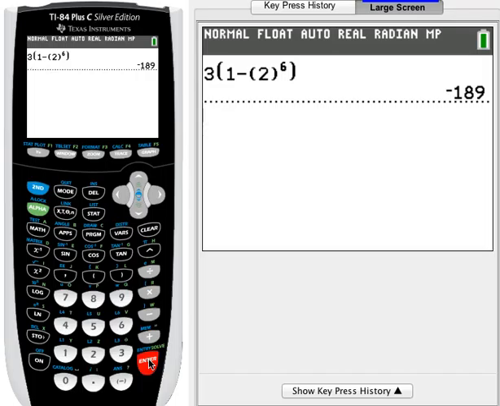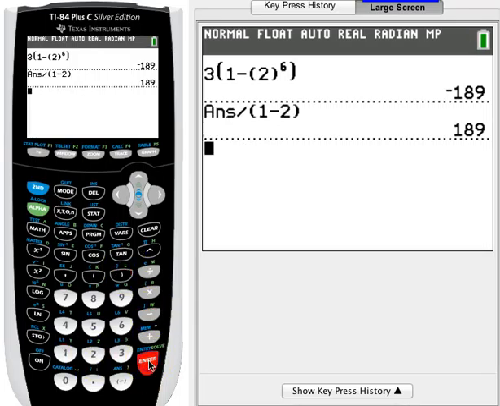Negative 189. All right, now I have to divide by that denominator, and the denominator was 1 minus 2. And that's what changes it to the positive value that I know that I should be getting. All right, so in this case, I get a positive 189.